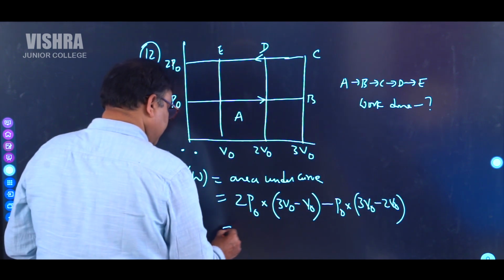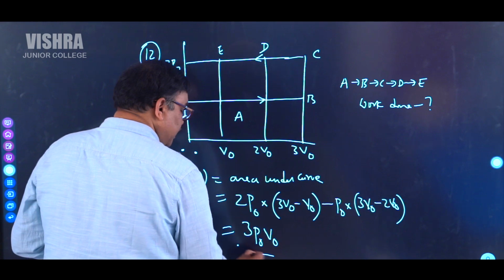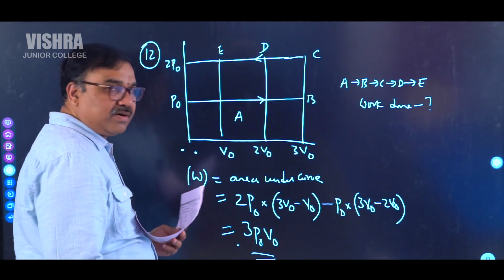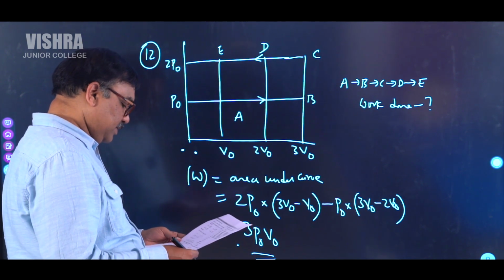This finally gives you 3P0V0. This is the actual net work done. So it is the area under the curve. Whatever curve you are drawing, under that area you have to find.